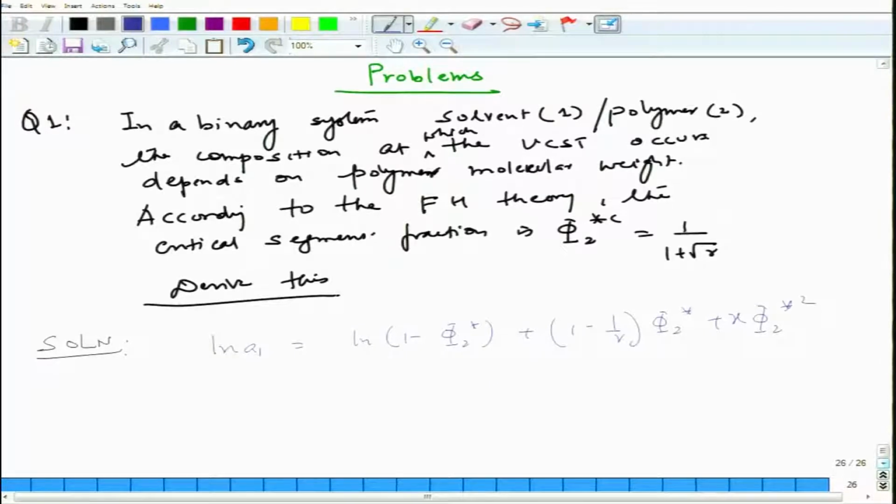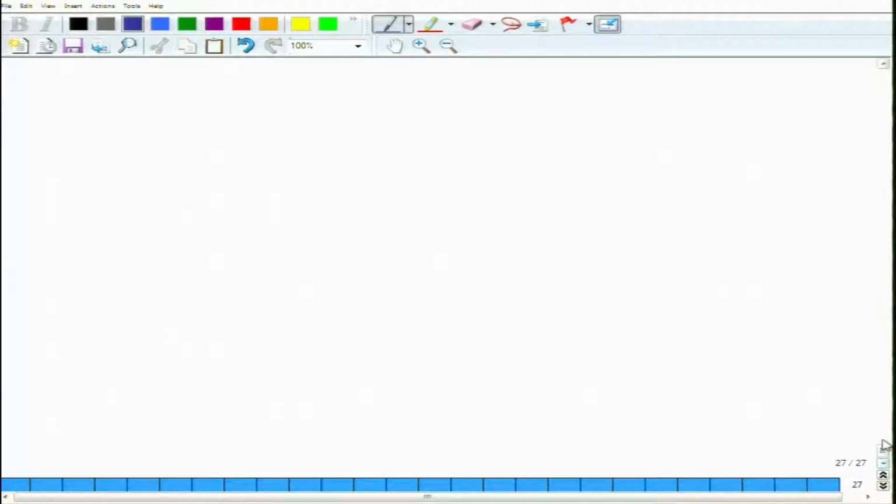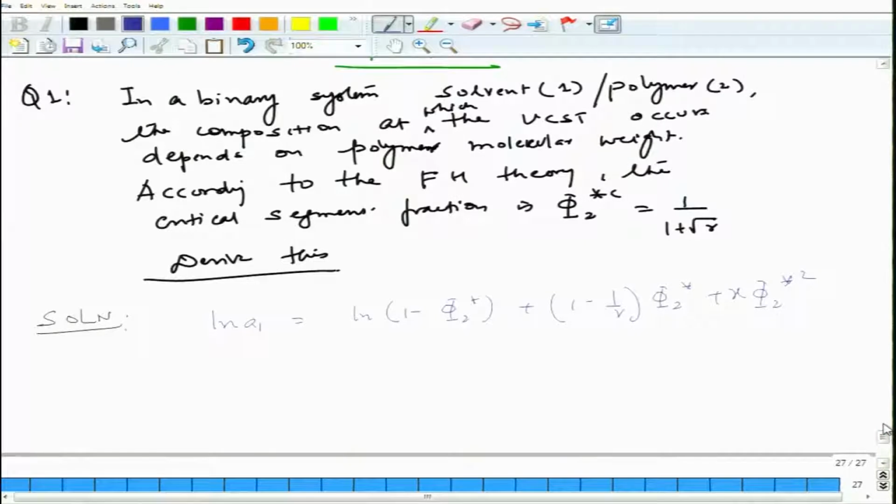So, let me now use this expression, and then what is the condition for the incipient instability?